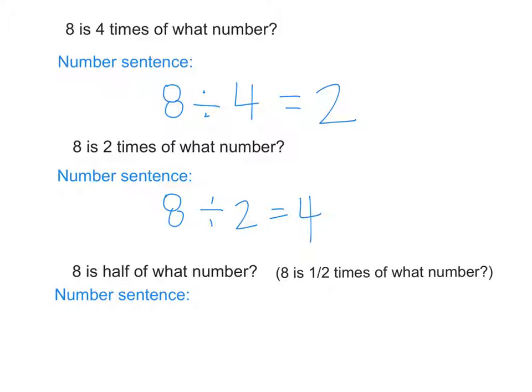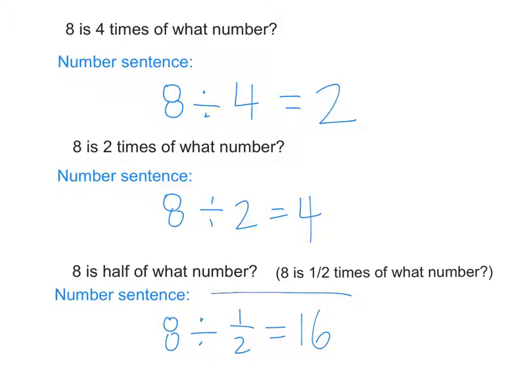So if we used 8 divided by 4 to figure out 8 is 4 times of 2, and 8 divided by 2 to figure out 8 is 2 times of 4, what number sentence could we use following the same pattern to answer this question? 8 is half of what number? You got it. We could say 8 divided by 1/2, and what would the answer be?